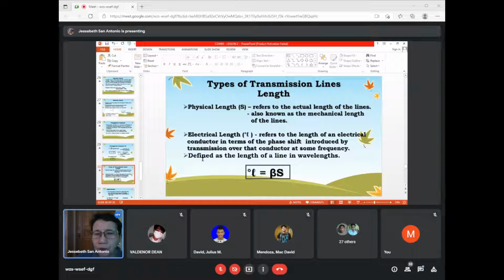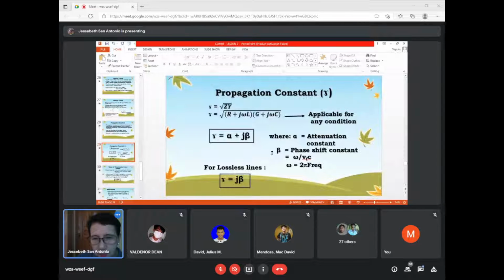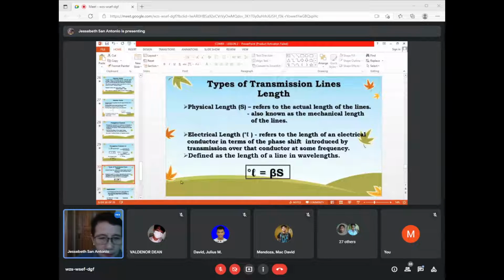So that electrical length, degrees L is equals to beta times the S. Okay, take note that beta is omega over velocity factor times C. So, yan.